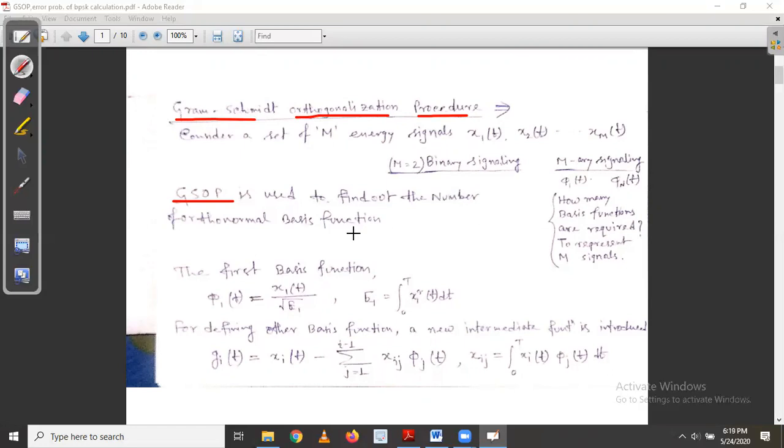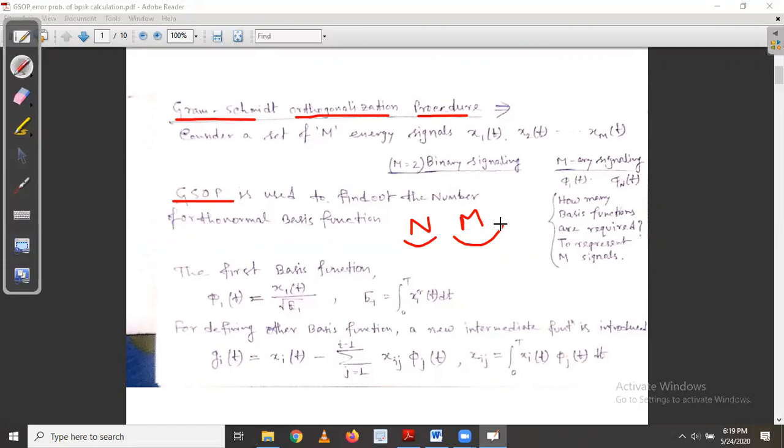That means what will be the value of capital N for a given capital M, the given number of signals? We will solve one numerical based on this.